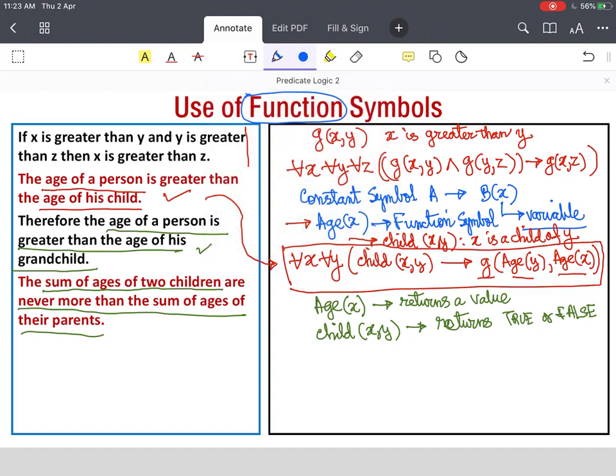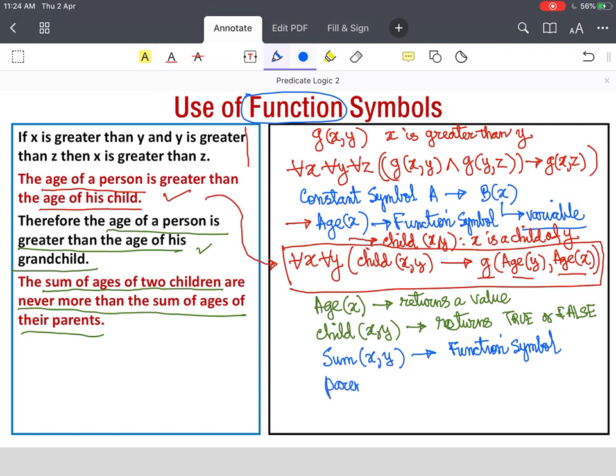Now, in order to model this, we again need some new symbols. For example, we will require a new function symbol sum(x, y), which will add x and y and give the result of the sum.